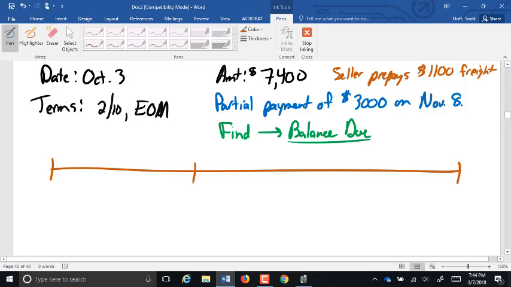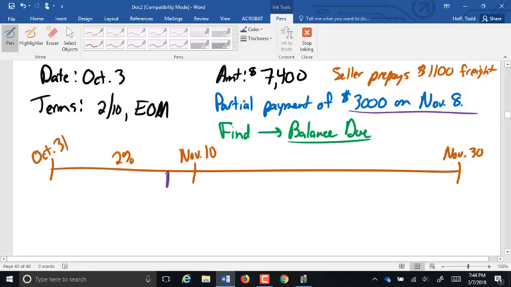Where does our timeline start for this one? It does start October 31st, right? October has 31 if I remember right. Yep. So it's the last day of October, which means the 2% discount period ends November 10th. Then the credit period ends November 30th.